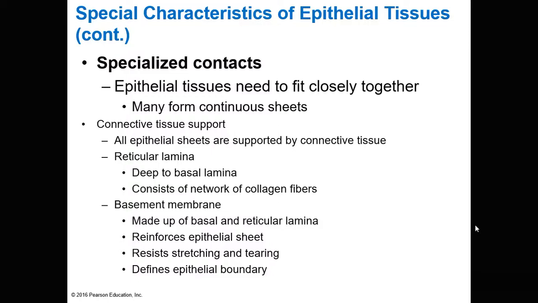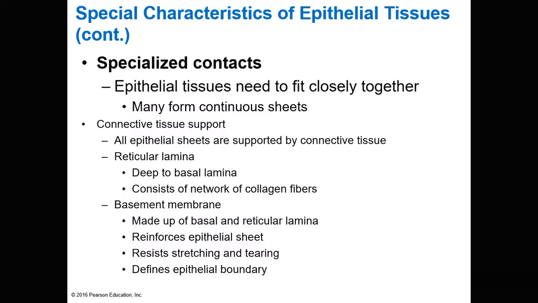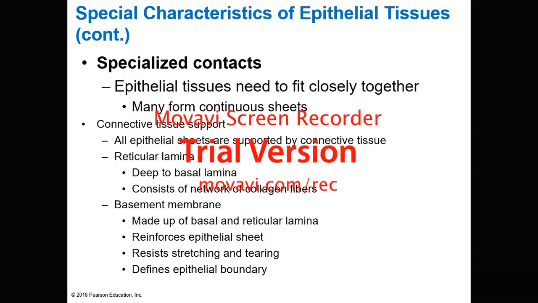So the first layer of the basement membrane, again, basement membrane has two layers, the basal lamina and the reticular lamina. So the first layer is the basal lamina. The basal lamina is going to be adjacent to the basal surface of an epithelium, and it is a very thin supporting sheet that is non-cellular.